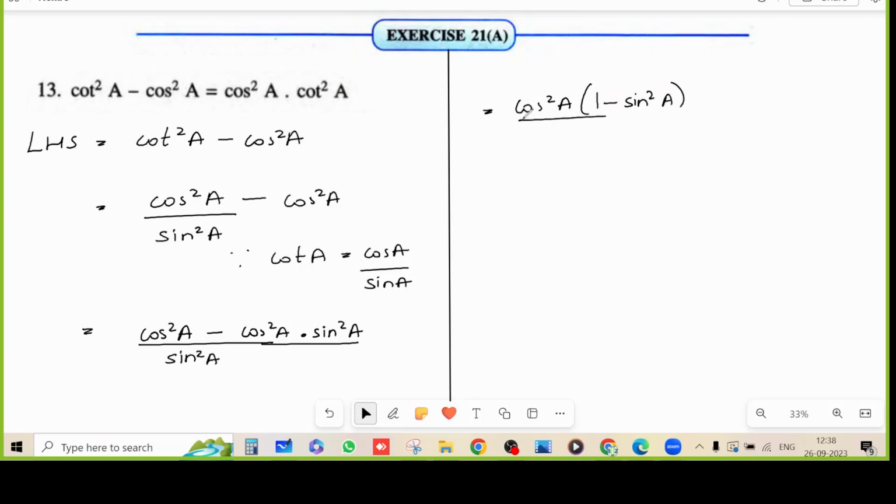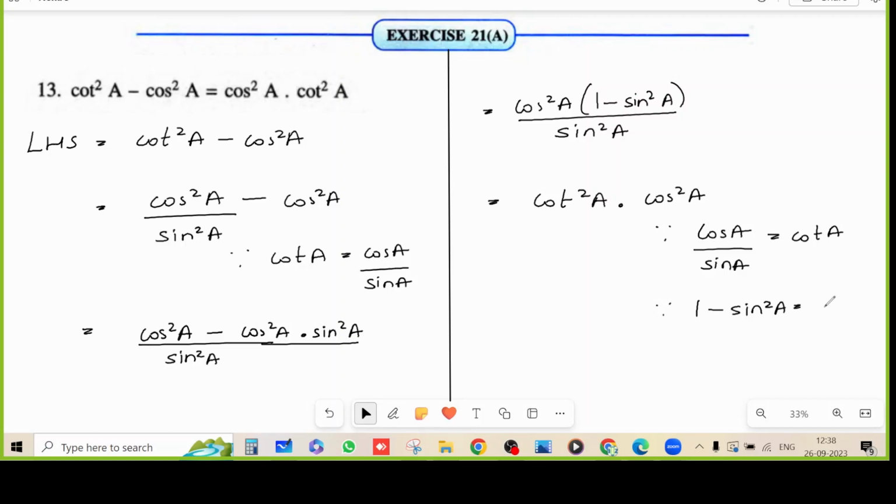And the denominator is sine square A. Now we know that cos A upon sin A is equal to cot A. So this will become cot square A, and 1 minus sin square A is cos square A. So this is the right hand side, what we wanted to prove. So this is proved now.